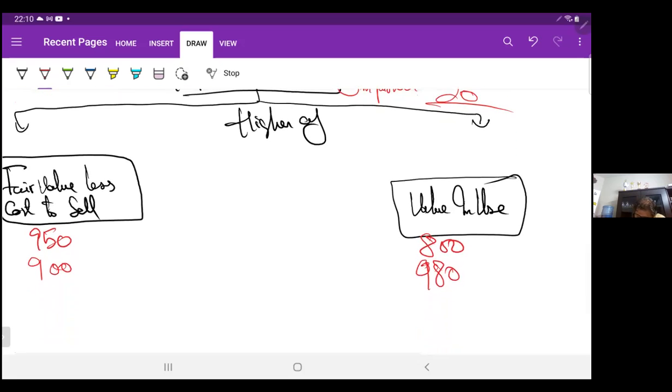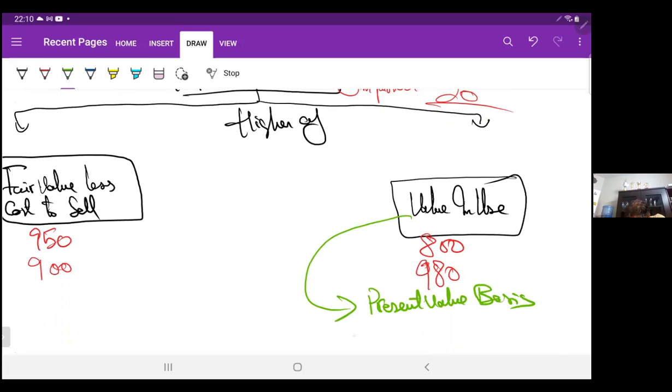Now remember one thing, according to IAS 36, what is value in use? As we already looked at, value in use is the future expected cash flows, and IAS 36 says that while determining the expected future cash flows, we have to do it on the present value basis. Number one.